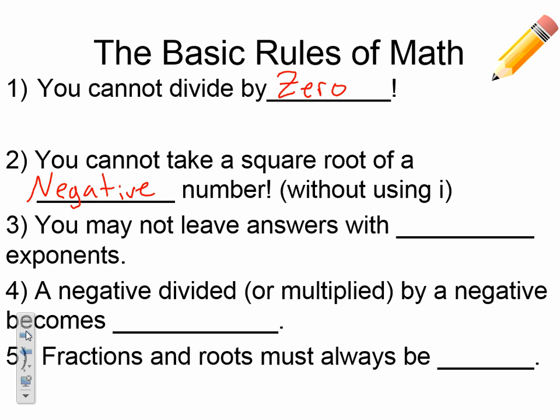We may not leave our answers with negative exponents. Remember, that's our rules of exponents. We can't have negative exponents. We have to move them if they're negative. Okay. A negative divided or multiplied by another negative becomes a positive. And last but not least, fractions and roots must always be simplified. Okay, we have to simplify.